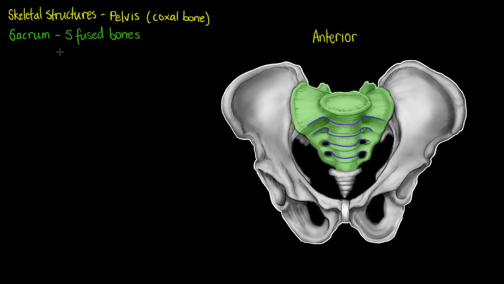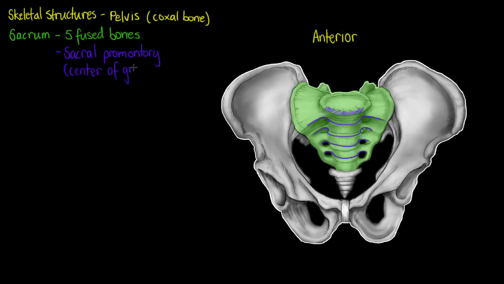And the sacrum only has a few features that we really need to know at this stage, and they are the sacral promontory. The sacral promontory is located on the anterior border of the first sacral vertebrae. I'm just highlighting here. And we are also going to find the body's center of gravity just posteriorly to this point.